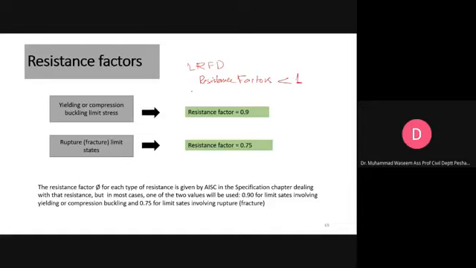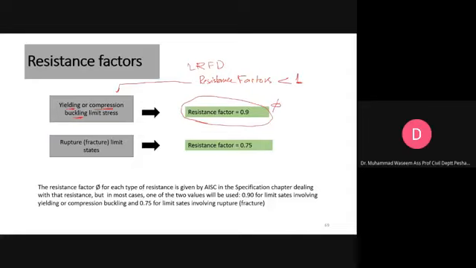We already discussed that in LRFD, when the factored loads are applied to the structures, they reach certain limit states. Yielding is a limit state, compression, buckling. For these kinds of limit states in LRFD, the resistance factor is 0.9, so you reduce your resistance by 10%.